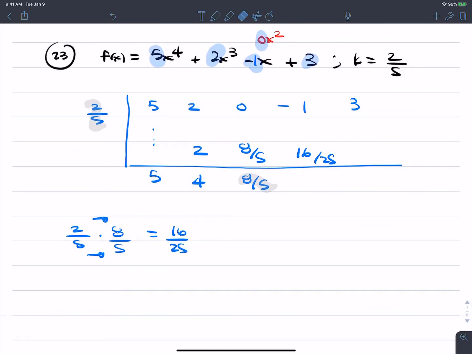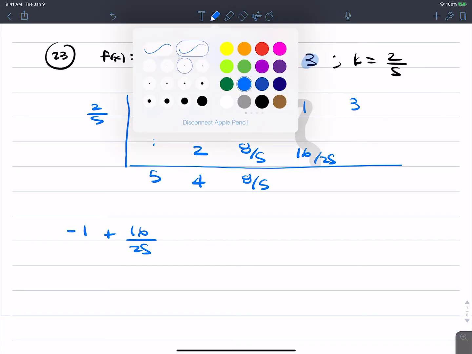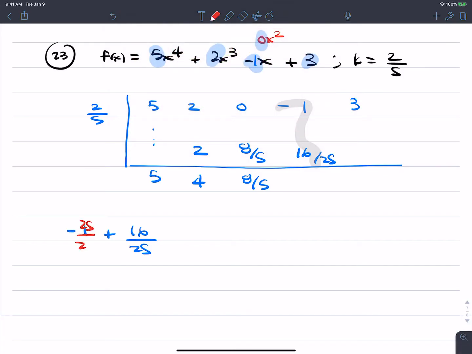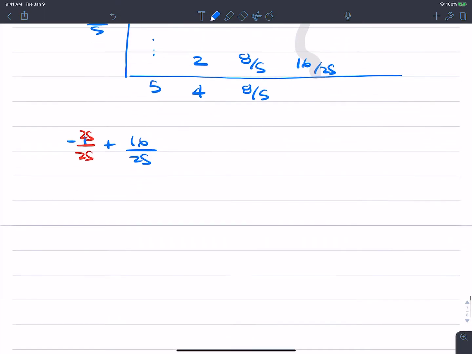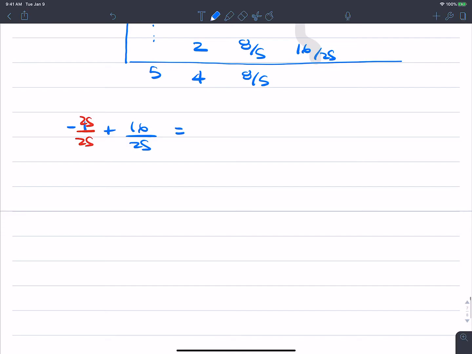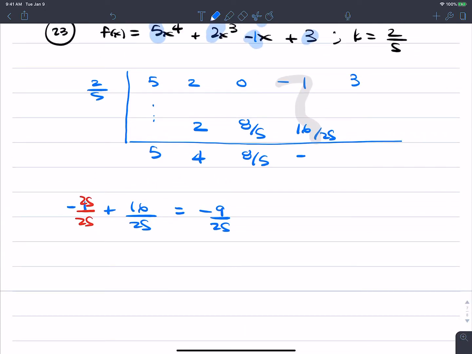We have one left arithmetic question to answer. -1 plus 16 over 25 here. Now don't forget to change this to 25 over 25. We can now add -25 plus 16, which is going to give us -9 over 25. So that goes down here.